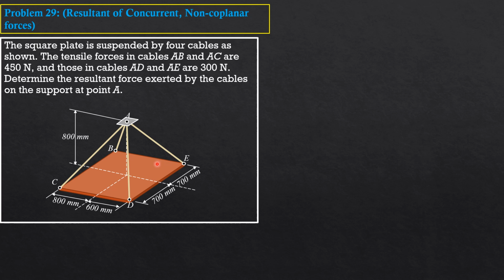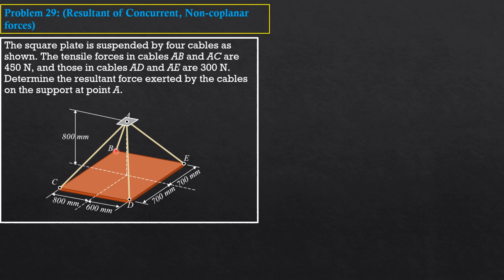So for AB, the magnitude is 450, and A to B is directed downward, so negative along Z, 0.8 meter; leftward, negative along Y, which is also 0.8; then backward, negative also along X, 0.7.